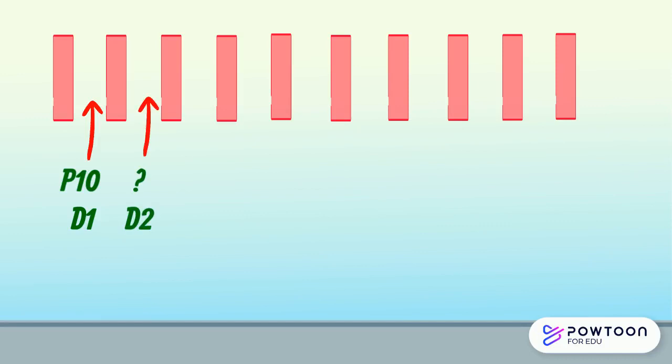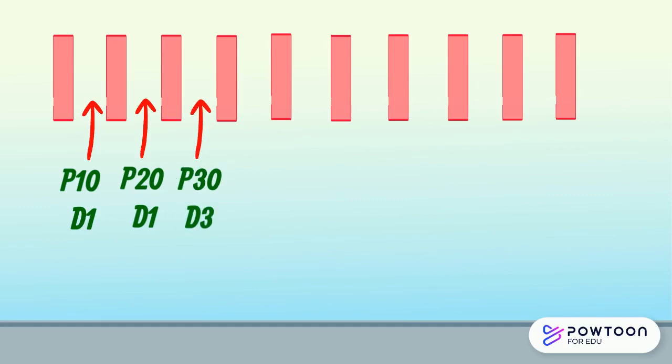Correct. That is 20th percentile. How about the value of the third decile? Correct. It is 30th percentile. How about the value of the fourth decile? That is correct. It is 40th percentile.